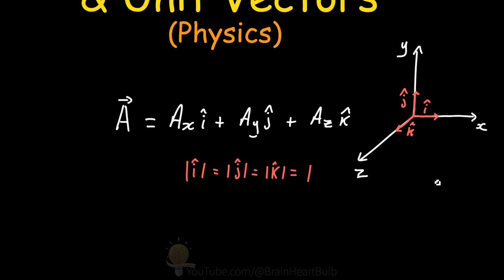And unit vectors are used simply to indicate that a particular term, so one of these terms here, is a component vector of A that lies along a particular axis, whether that's the x-axis, y-axis or z-axis. They don't have any other significance or effect on the resultant vector.